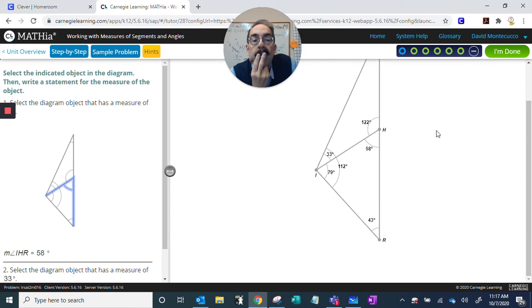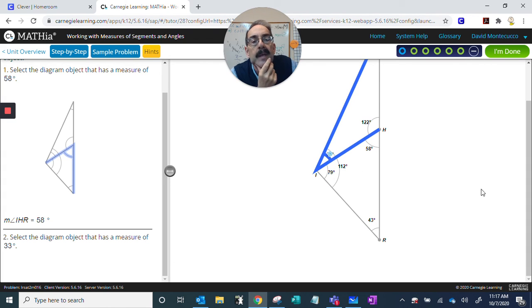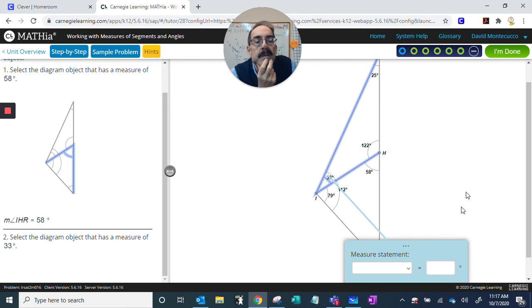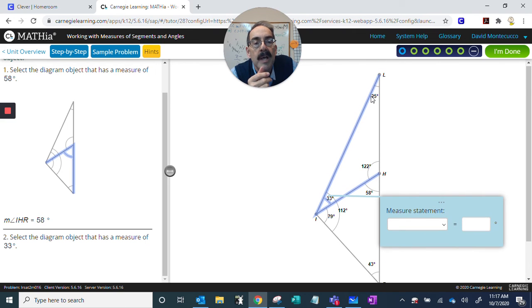Awesome. Okay, next one. Select the object. There's an object, 33 degrees. I see a 33, because that's the big piece. That's the other piece. I like this piece up here. So we'll have to scroll up so we can get those letters. Move this over, scroll it up. There it is. LIH.